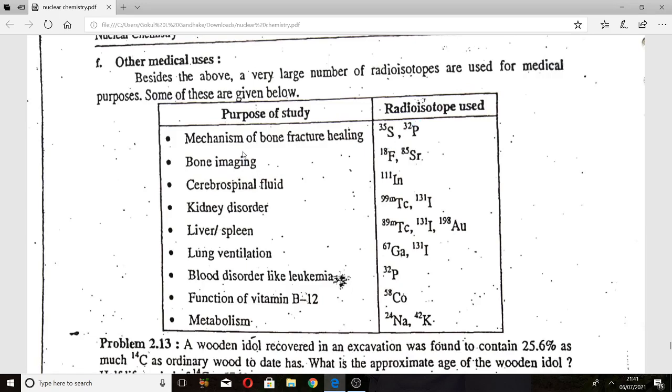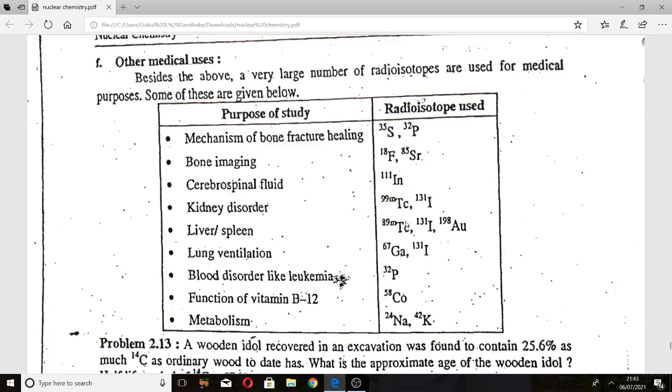First, the mechanism of bone fracture healing: in that case, we can use sulfur 35 and phosphorus 32. Second, bone imaging: in that case, the usable radioisotopes are F18 and Sr85.